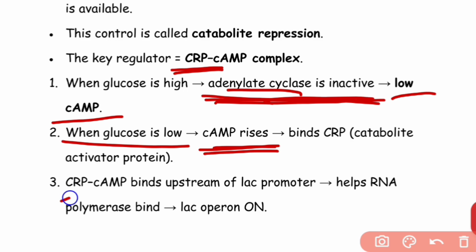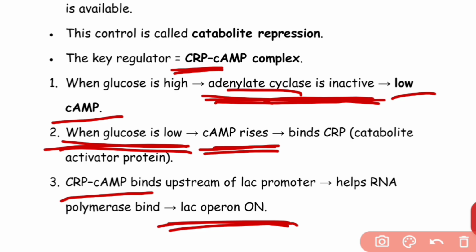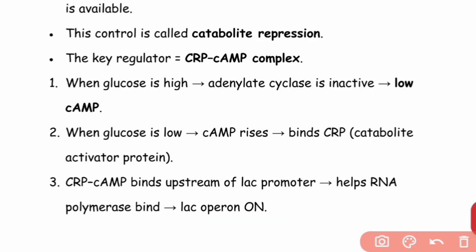Because the CRP-cAMP complex binds to the lac promoter, and it facilitates the binding of RNA polymerase. As a result, the lac operon turns on when there is a scarcity or no glucose present. When glucose is present, the lac operon will be turned off.